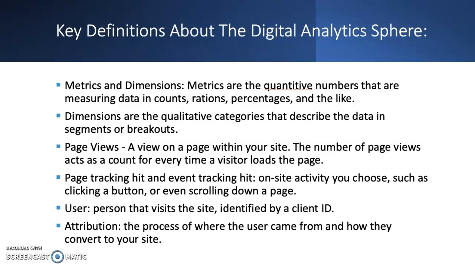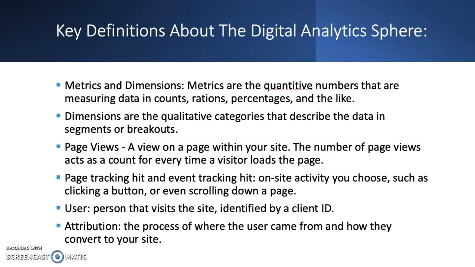Page views are the views on a page within your site. The number of page views acts as a count for every time a visitor loads the page. A page tracking hit and an event tracking hit is an on-site activity you choose, such as clicking a button or even scrolling down a page. Those are ways that they can be tracked when you go on a site.